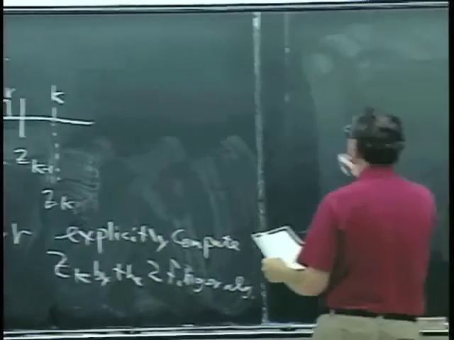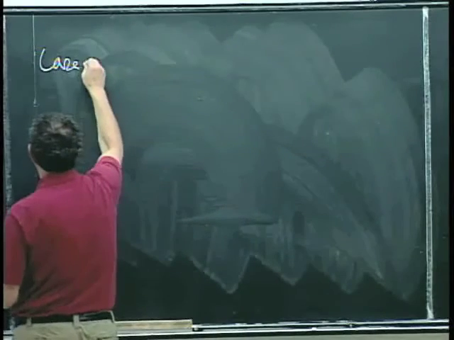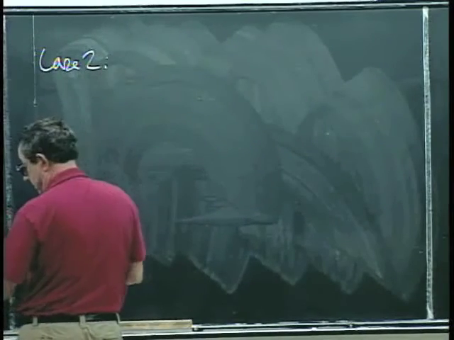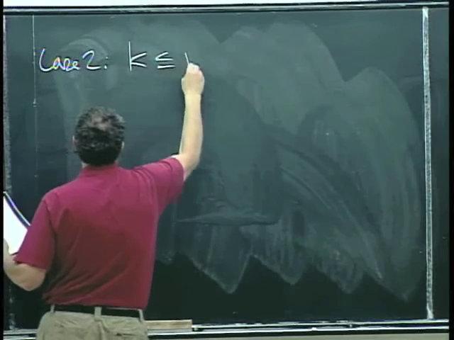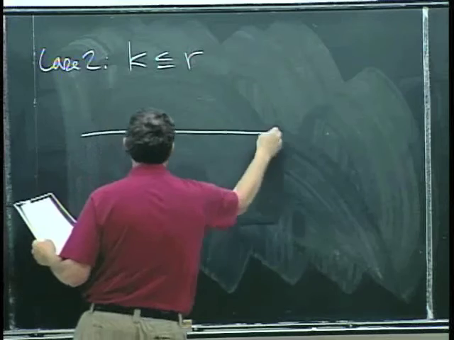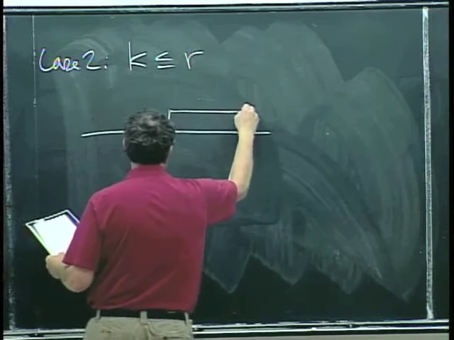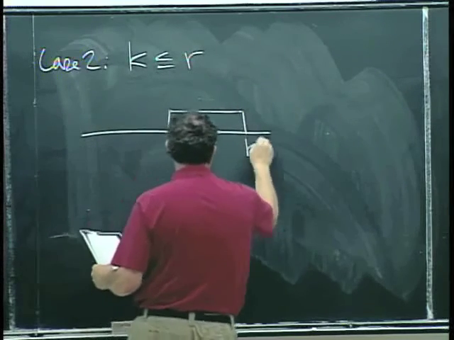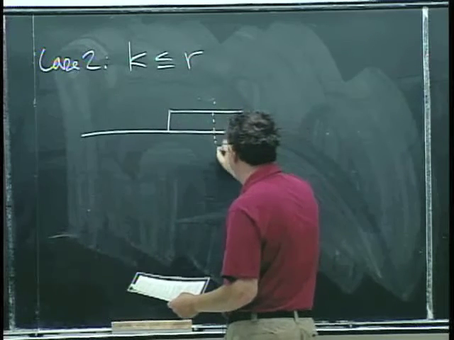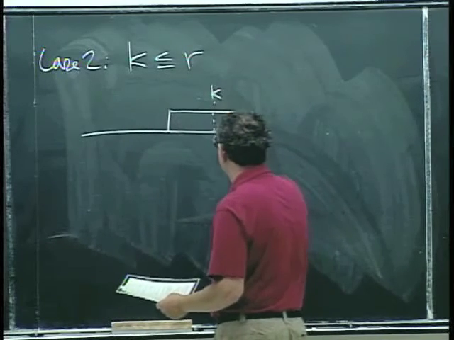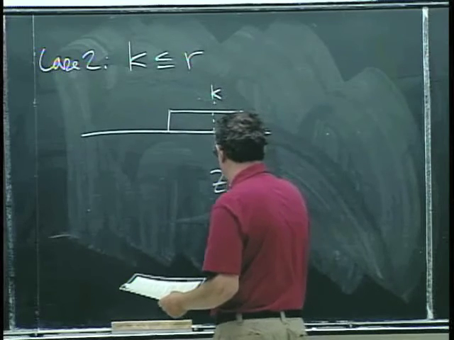Case 2 is that K is less than or equal to R. I draw a picture like that. Here's a Z box that defines R, and we're back looking at position K, and we're trying to compute Zk.